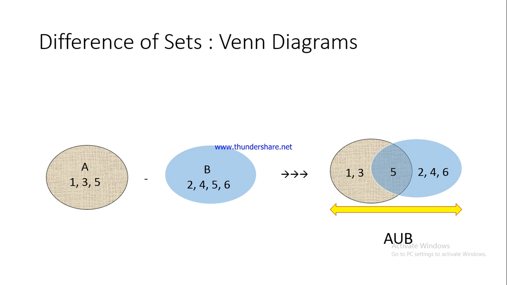Now you know that this is basically A union B. This is just to make you understand, this is basically A union B. Now this grayish portion basically has only 2 elements, 1 and 3, and these are the elements which were there in A.